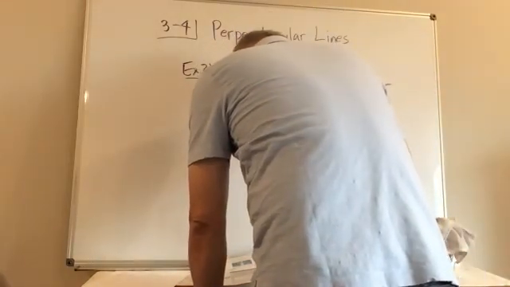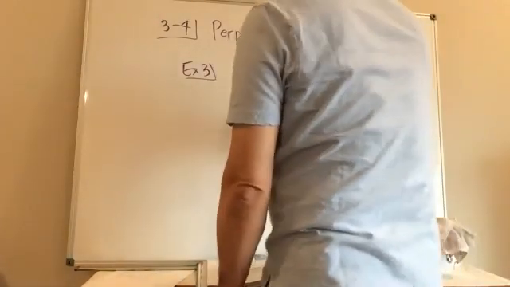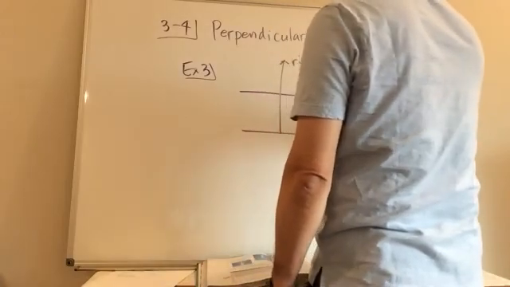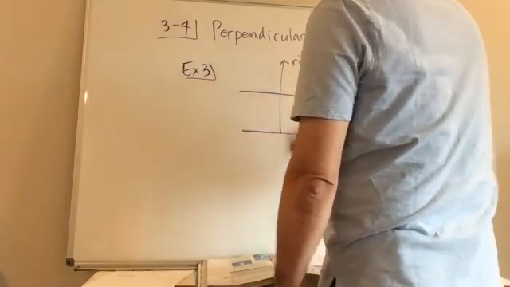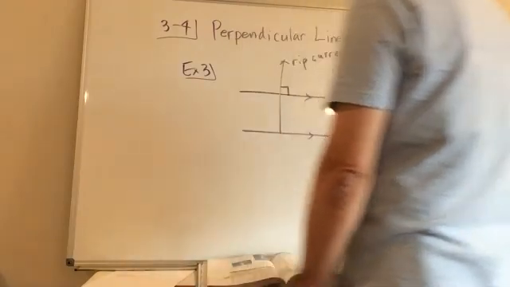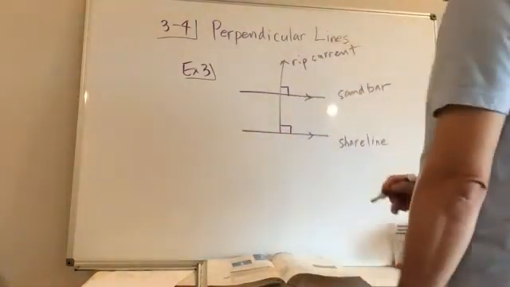Why must the rip current be perpendicular to the shoreline? So this is the rip current, and we are told that this is 90 degrees. So the question is, why does this have to be 90 degrees also?